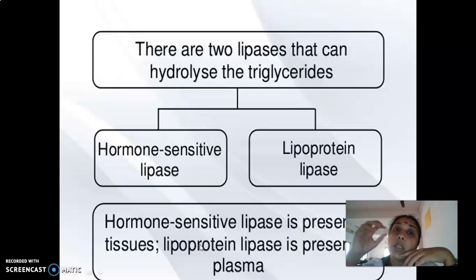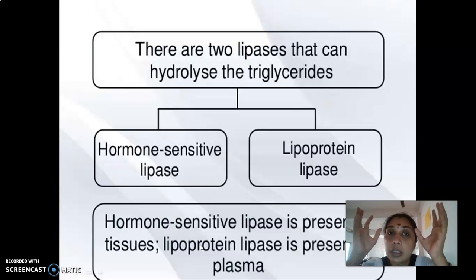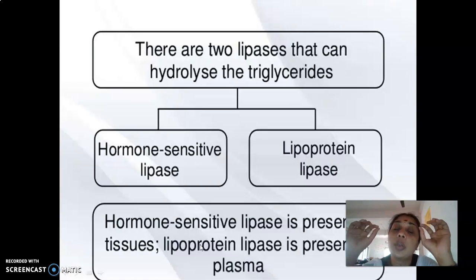These endogenous TG thus synthesized will be taken from the extrahepatic tissues to the liver, or from the liver to the extrahepatic tissues. All these are carried out by the other types of lipoproteins, the VLDL, IDL, LDL, and so on. So what is the function of VLDL, the very low density lipoprotein?